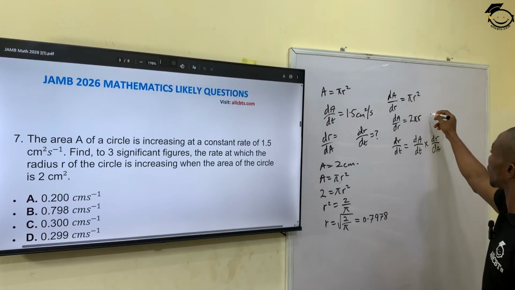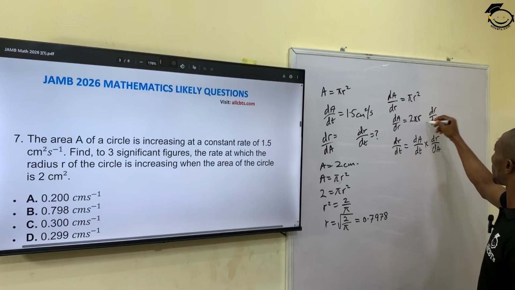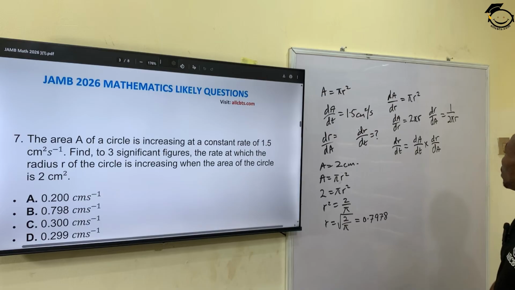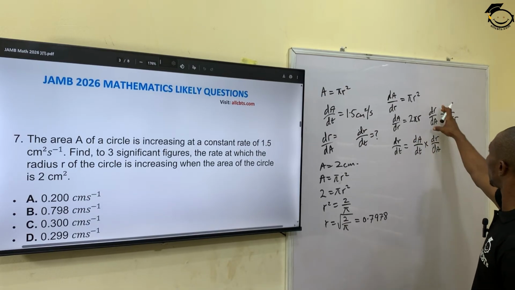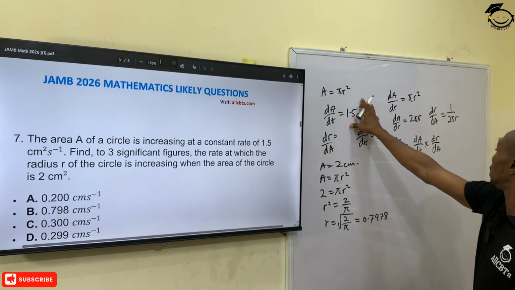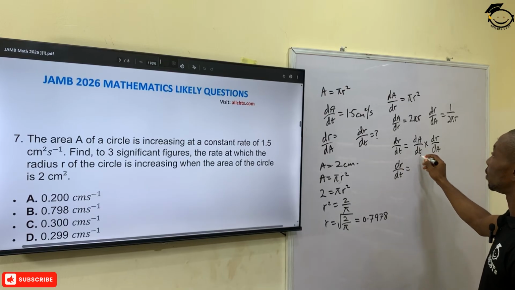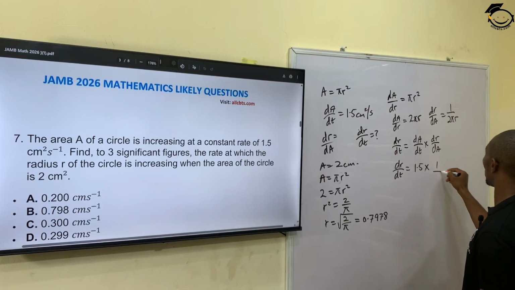Now dr over dA from here will become 1 over 2 pi r. So in applying this, our dr over dt would be dA over dt, which is 1.5, times 1 over 2 pi r.